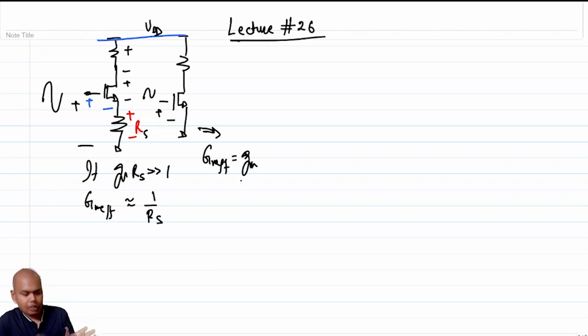Having said that, there are some uses of this type of architecture. If you are using source degenerated architecture and you can maximize the VGS, then in certain cases there is sufficient usage. One common usage is the narrowband LNA that we have studied so far, right?